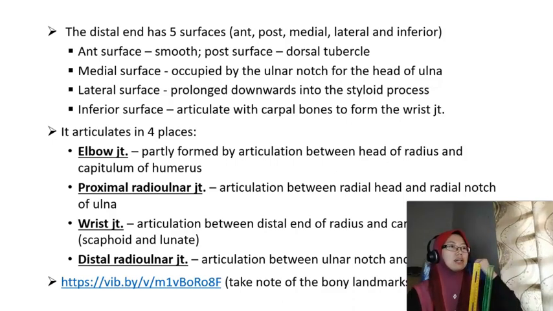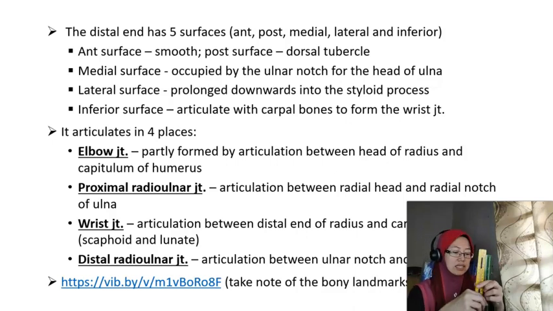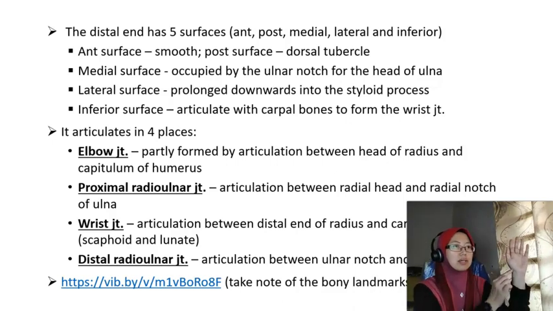First joint, radius and humerus, then the proximal part, radius and ulna, and the distal part, radius and carpal bones, particularly scaphoid and lunate, and the distal end of the radius forms the wrist joint.